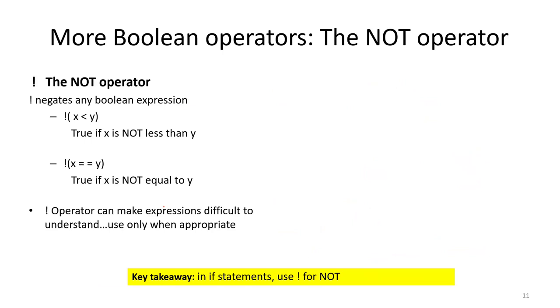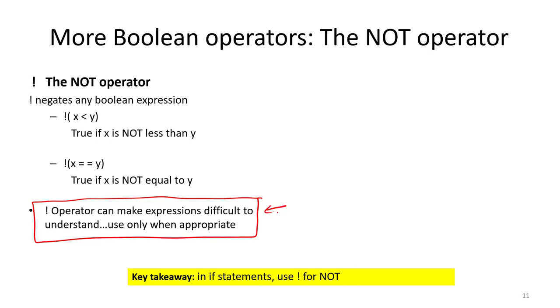Another Boolean operator that is sometimes used is the NOT operator. This one is a little bit less common because it can make expressions difficult to understand. So you want to be careful to use it when appropriate. Sometimes it's easier to just use and or or instead, and your expression might be clearer.